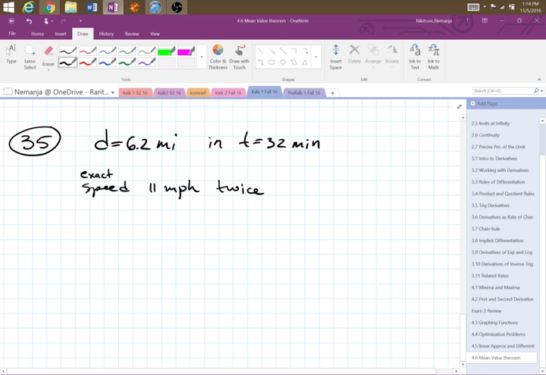End up doing a lot of work, but then he shows us that it's like 3 steps. Is it? All right. So speed is the distance divided by time, which is 32 minutes.